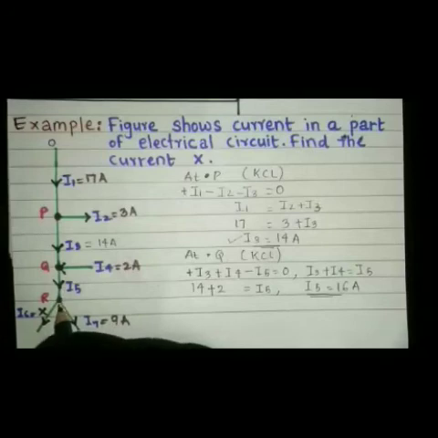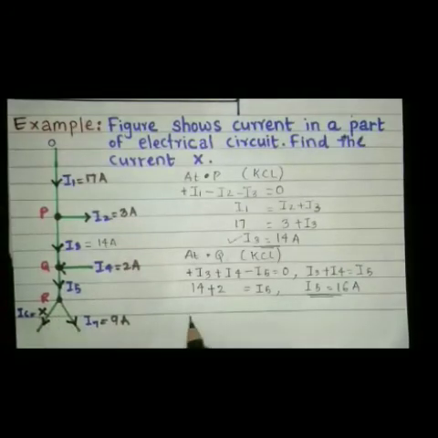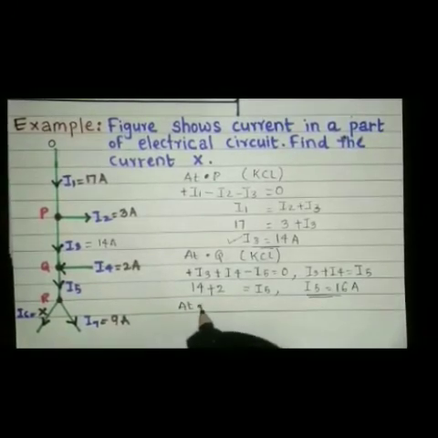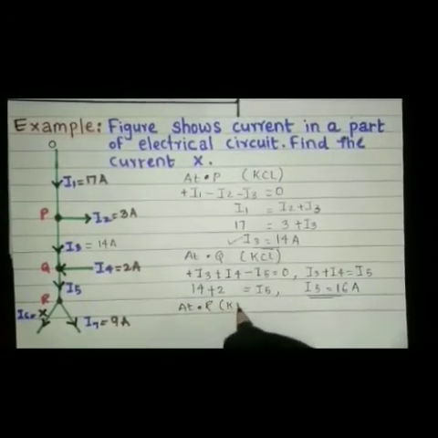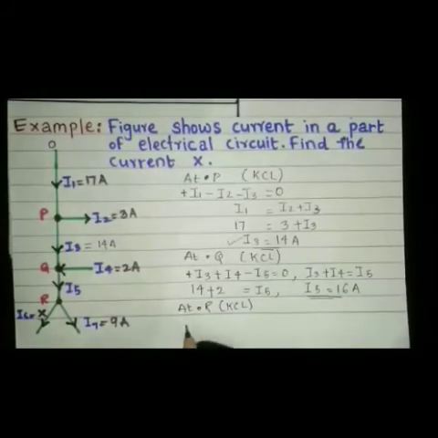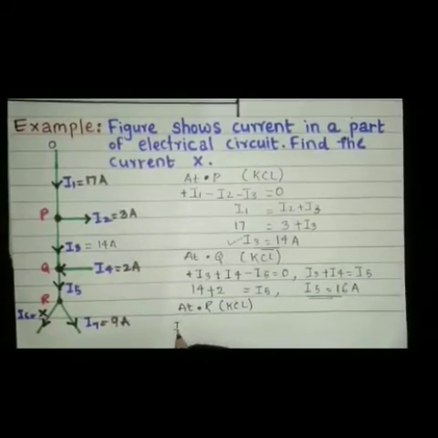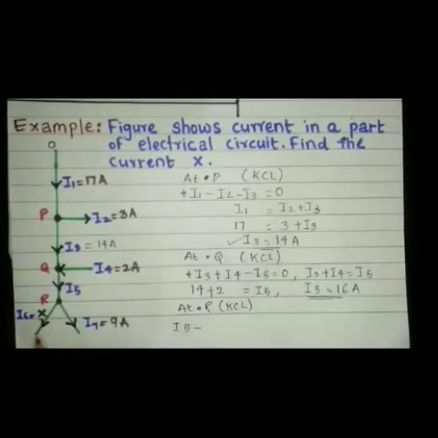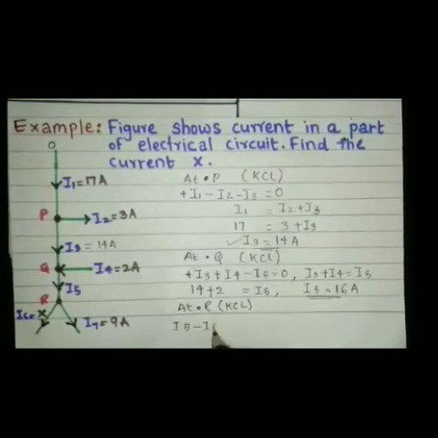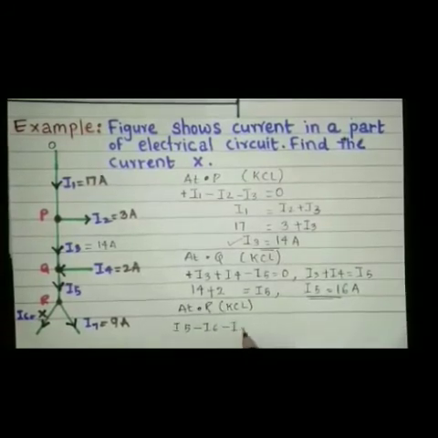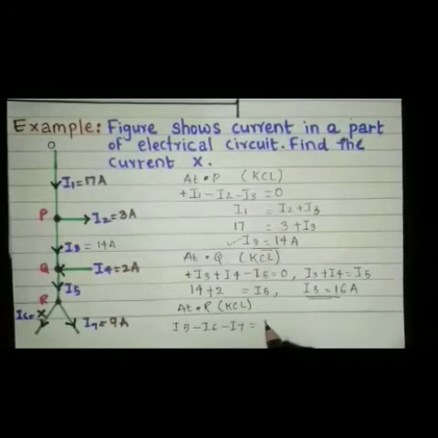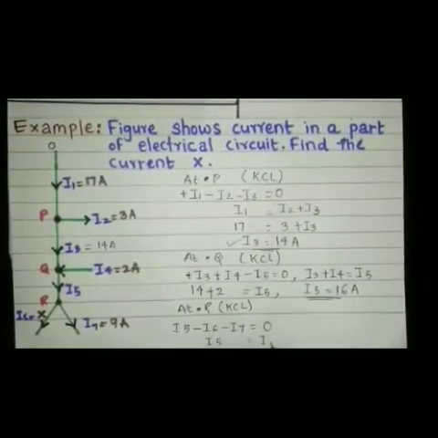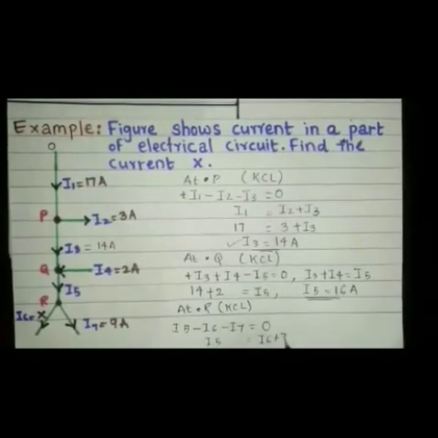Then further I5 is divided into I6 and I7, as we know. So applying Kirchhoff's first law at junction R, I5 is coming towards the junction, so it will be positive. I6 is away from the junction, that is negative, and I7 is also away from the junction, again negative, equal to 0. That means I5 is the summation of I6 plus I7.